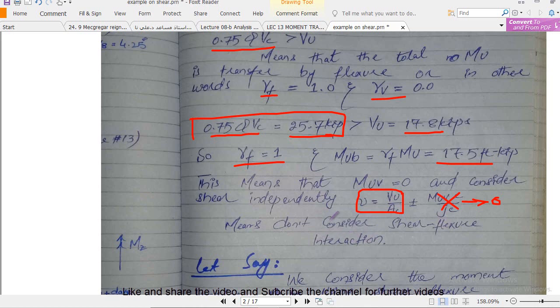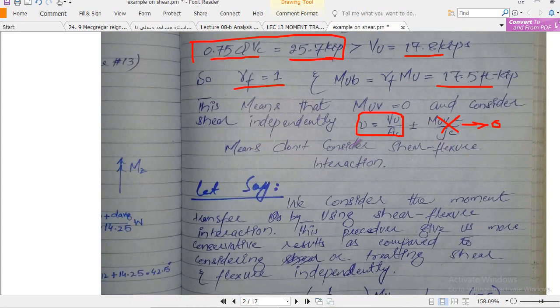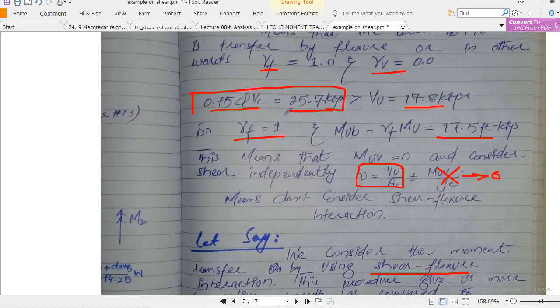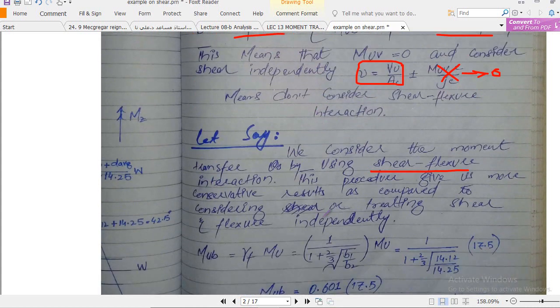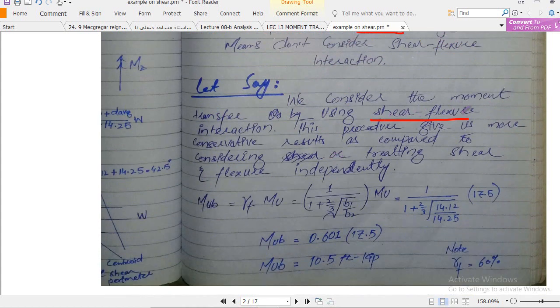If this condition is not fulfilled, then the ACI code doesn't allow you to use the simplified procedure. So we consider the moment transfer by using shear flexure interaction. We assume that this condition is not fulfilled, so we have to use the procedure which I am going to explain, known as the shear flexure interaction procedure.